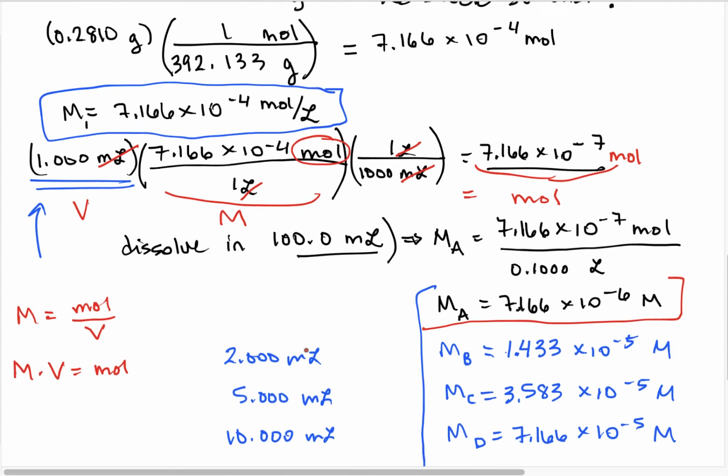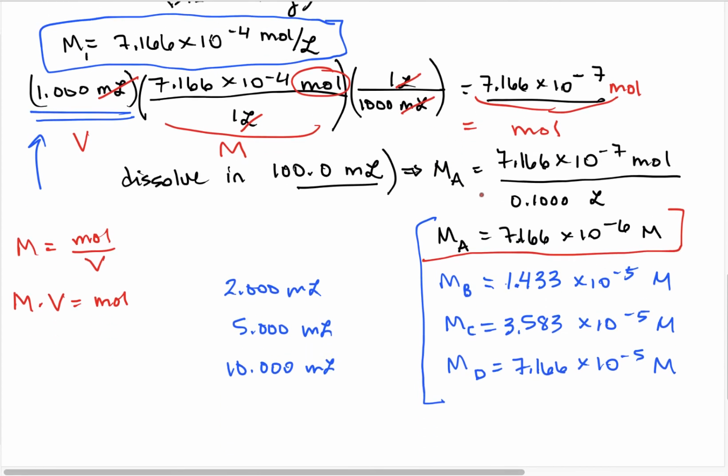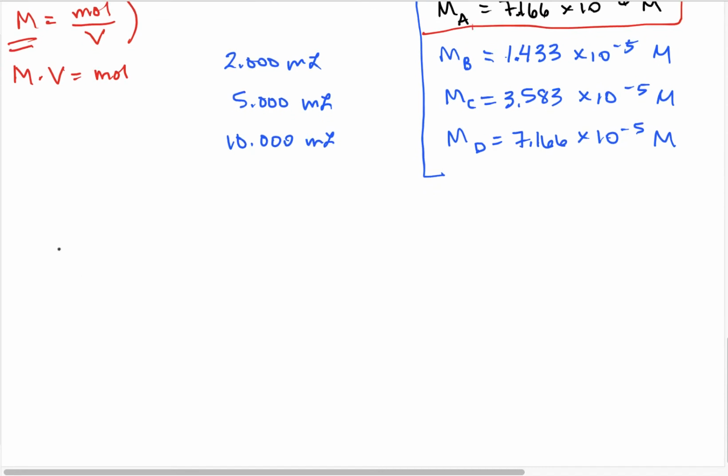Now, what did we do over here? We got our moles on the top, and then we divided by our new volume, just right here, to get our new molarity. But notice that this moles was the same as this moles. So let's look at what that means for us. If I took my volume, and this was my 1 milliliter, and I multiplied it times my molarity of the original solution, this gets me moles.